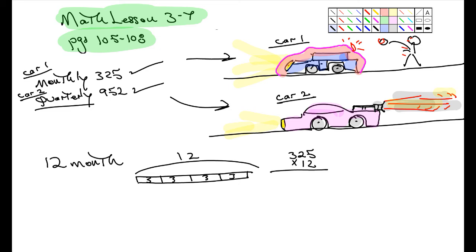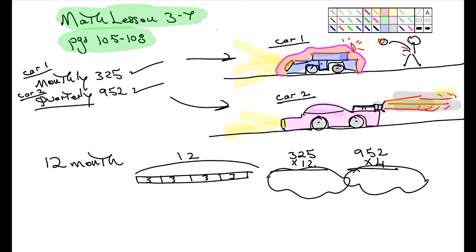And then quarterly would be 952 times 4. And then you would determine which one costs more, because you would have the total cost for the year for each one. You'd know which car was more expensive.